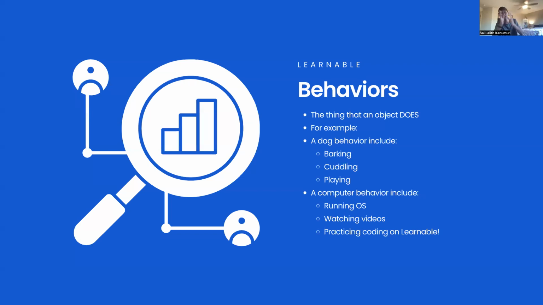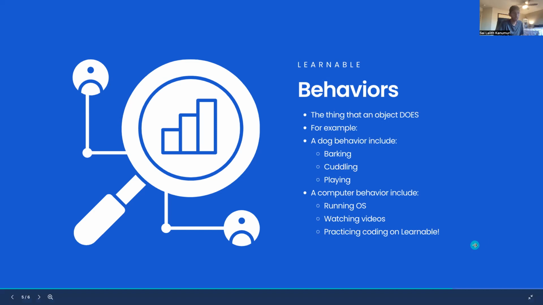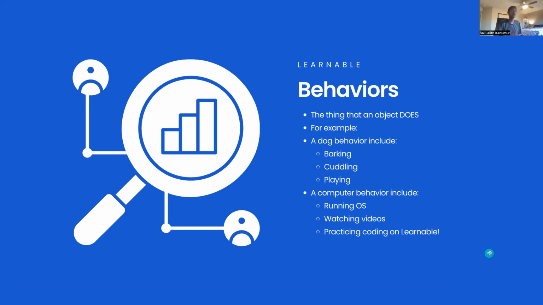Please don't mix those up. That's the most common mistake. Attributes are what an object has, and behaviors are what an object does. Hopefully the acronym helps to differentiate both of them. But just remember, object-oriented thinking is you have one big task and you separate it into different components. And then in those components, you have attributes and behaviors.